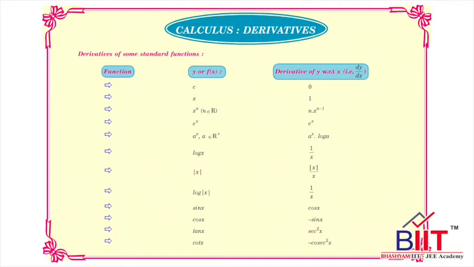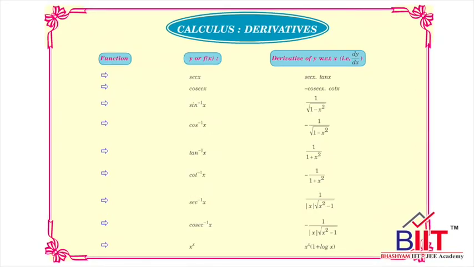Now look at the next slide. Derivative of secant x is secant x into tan x. Derivative of cosecant x is minus cosecant x into cot x. Derivative of sin inverse x is 1 by root of 1 minus x square. For cos inverse x, minus 1 by root of 1 minus x square. For tan inverse x, 1 by 1 plus x square. For cot inverse x, minus 1 by 1 plus x square.